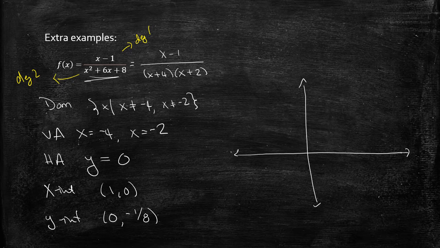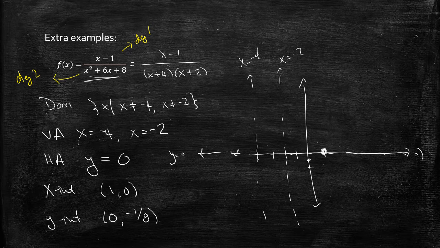So vertical asymptotes at -4 and also at -2. Our horizontal asymptote is right on the x-axis, with points (1, 0) and (0, -1/8). Okay, good.